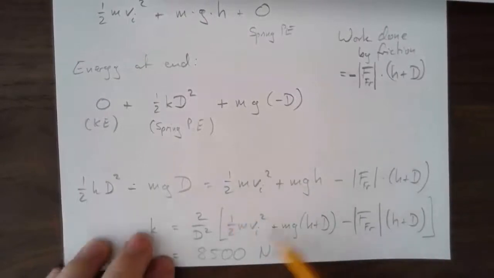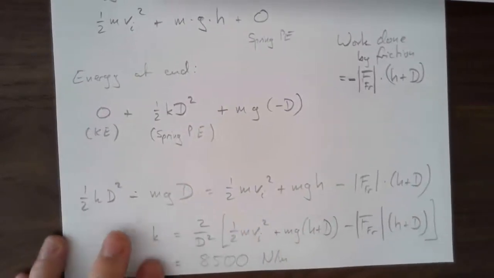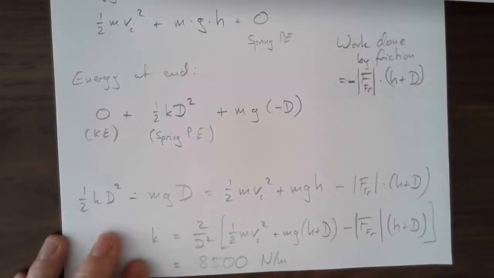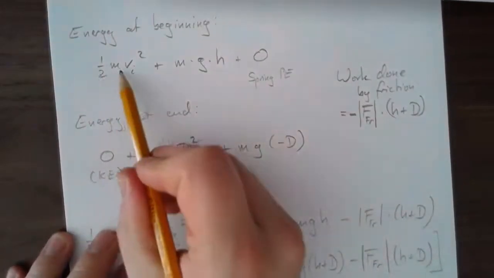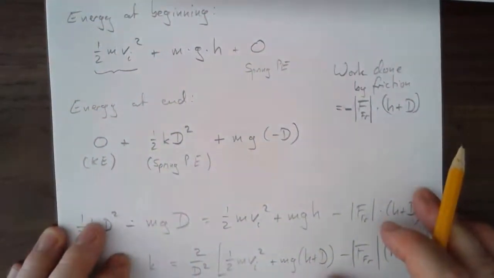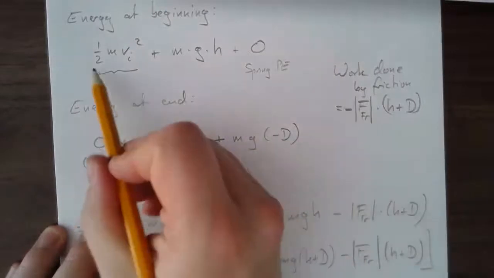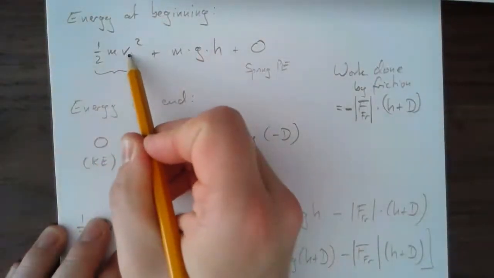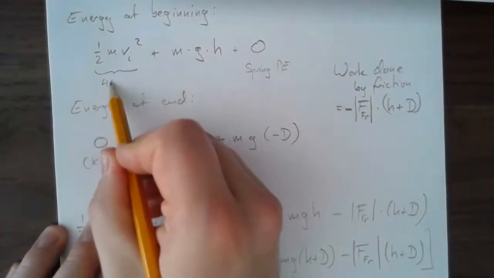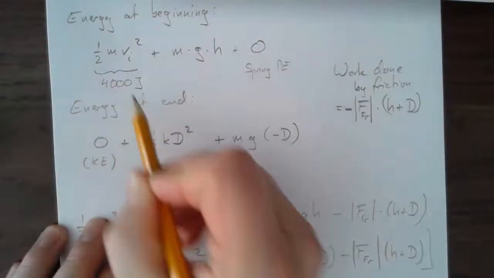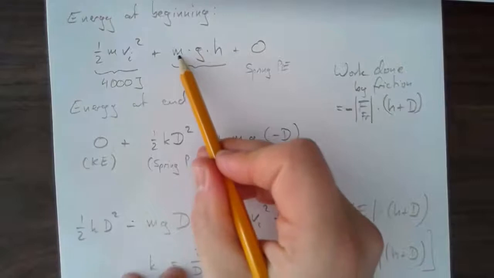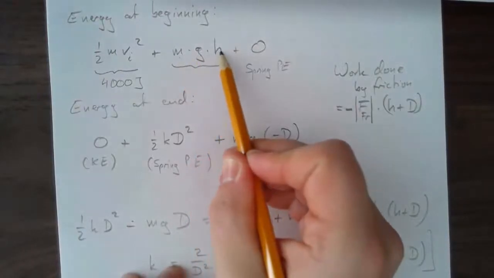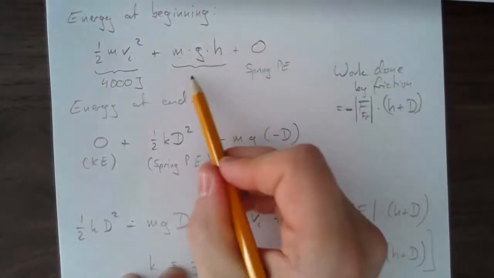Now just to give you some intermediate values, if we had plugged in numbers earlier just to see where we are at, the initial kinetic energy, half mv squared, would have been half times 500 times 4 squared, that's 4,000 joules. The initial gravitational potential energy, 500 times 10 times 12, that's 60,000.